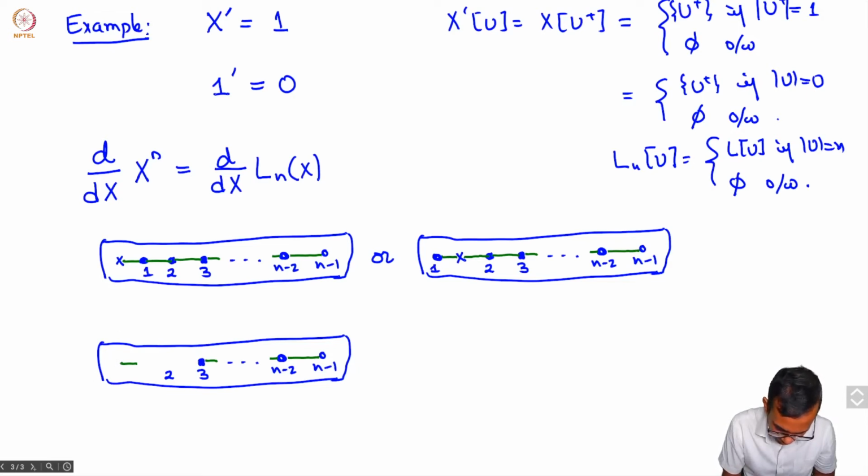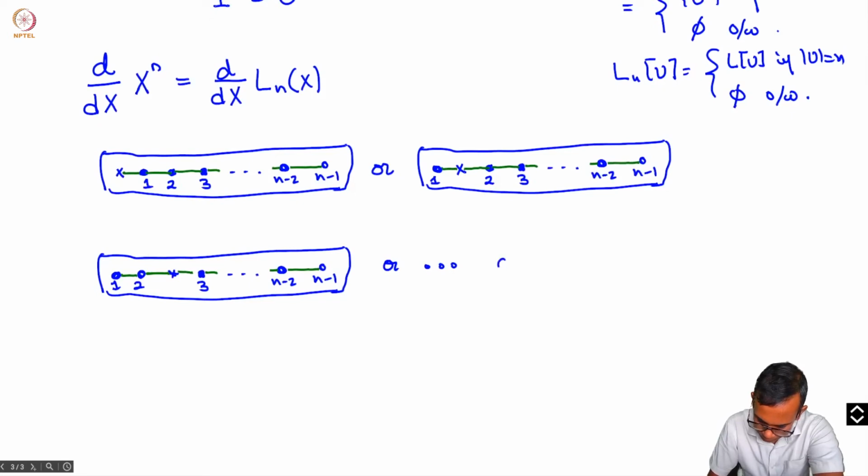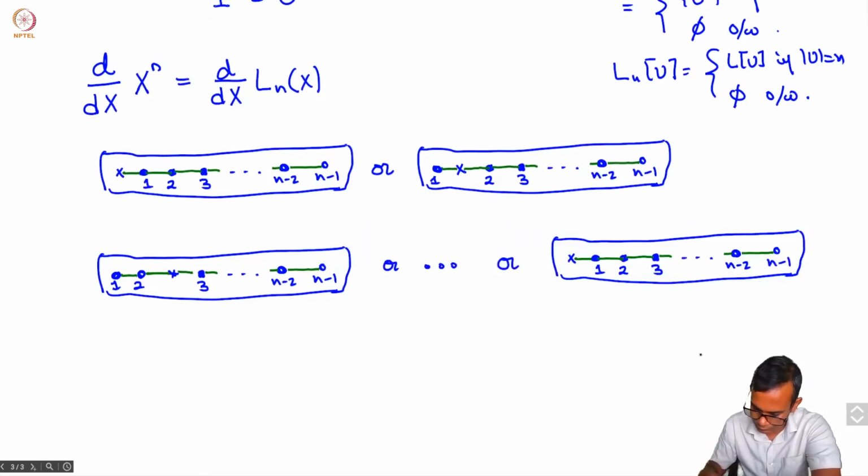So we have 1, 2, star, something like this, and so on. All the way up to where the star is in the last position.